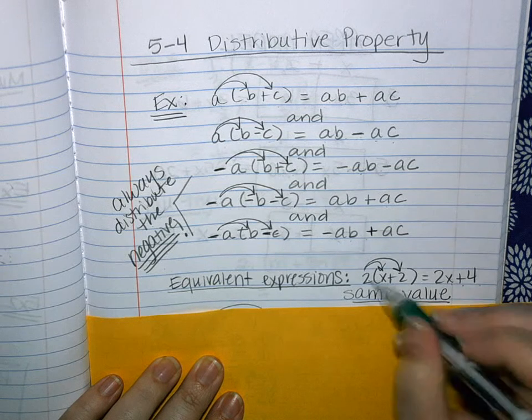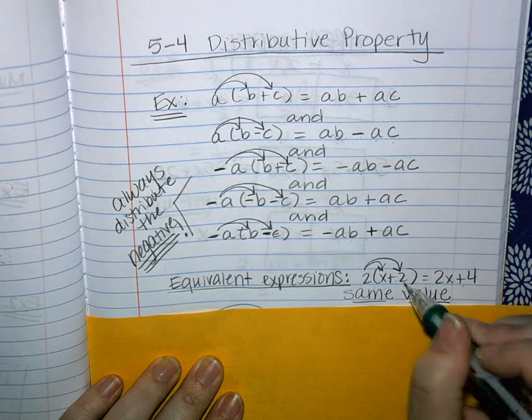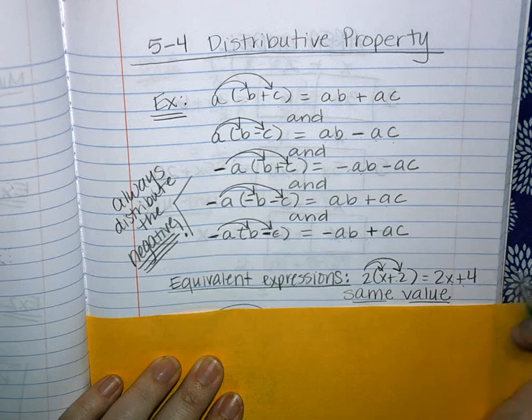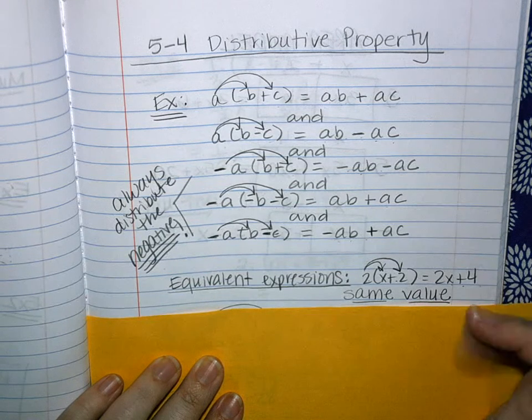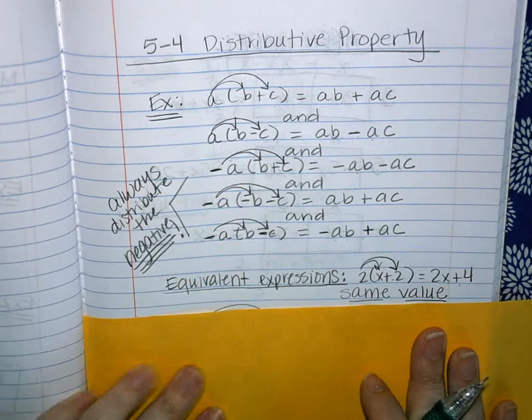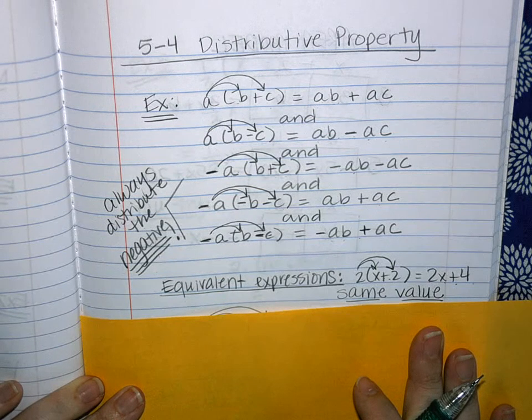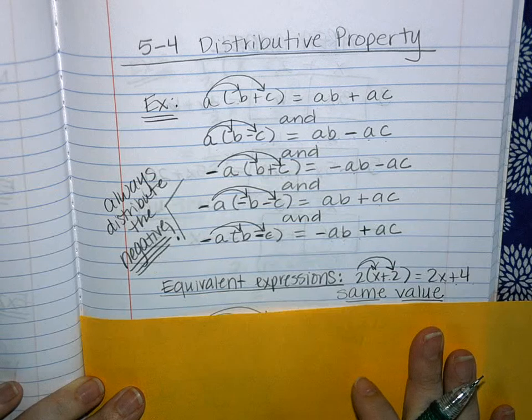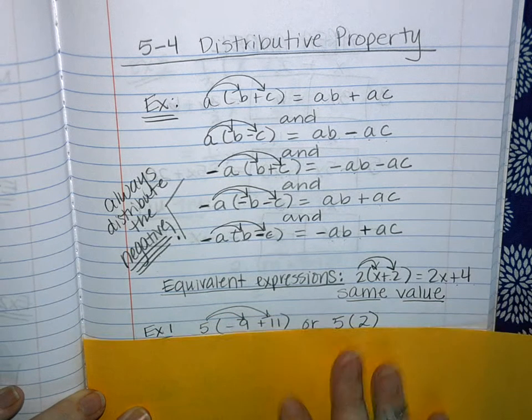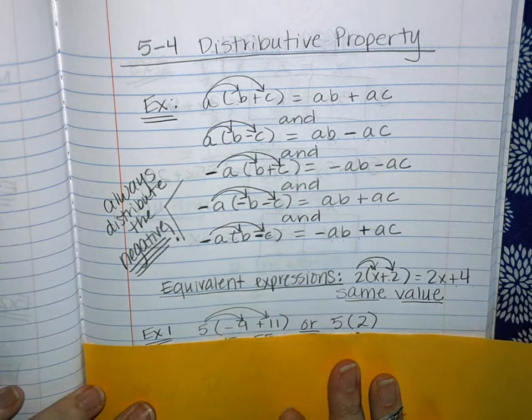So put some numbers in here now. These are equivalent expressions because it's the same value. So if they ask you on the test, which one is an equivalent expression, you're just looking for the one that has the same value. All right, so here's some numbers.